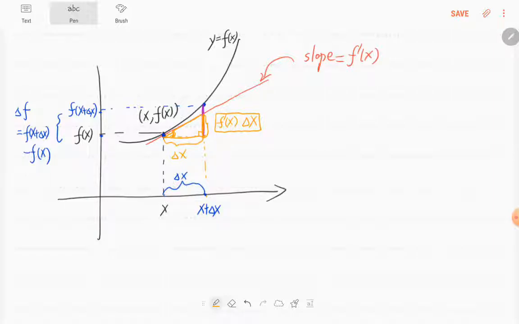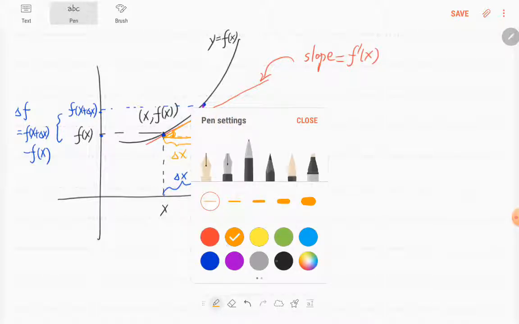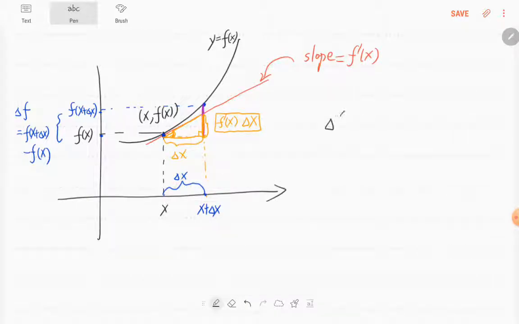If delta x is small, you can see the purple line and the original line are very close to each other. So this delta f, the true change, can be approximated by f prime of x times delta x.